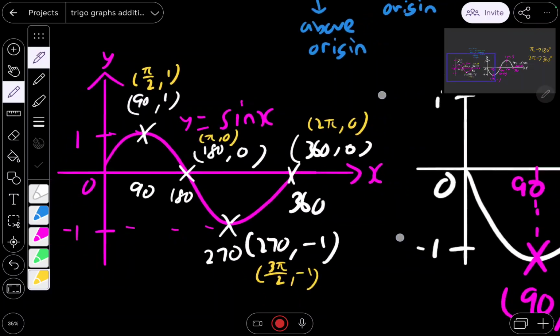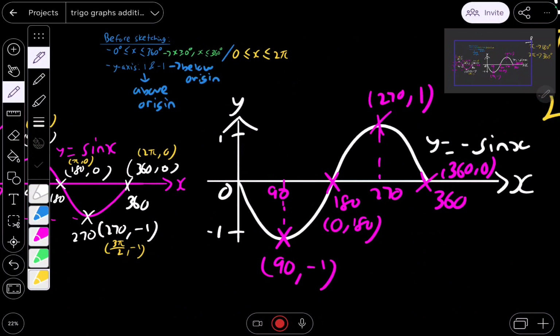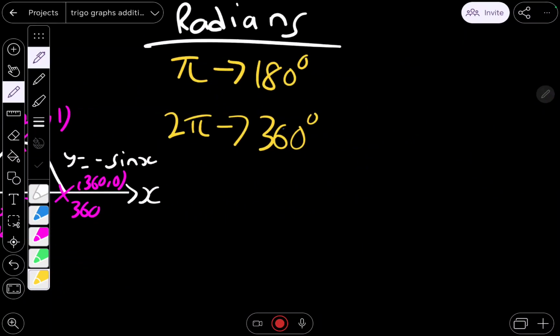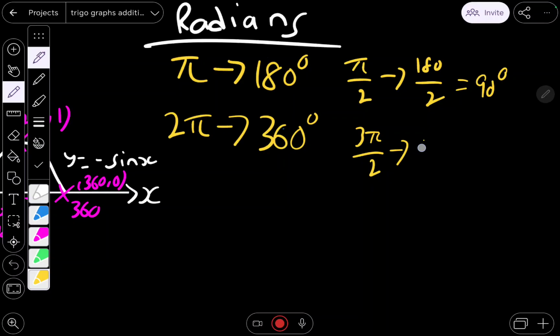If you look back at our conversion, pi is 180 degrees. To get pi over 2, simply take 180 divided by 2 to get 90 degrees. And how do we get 3 pi over 2 as 270? Just take 180 times 3 over 2.